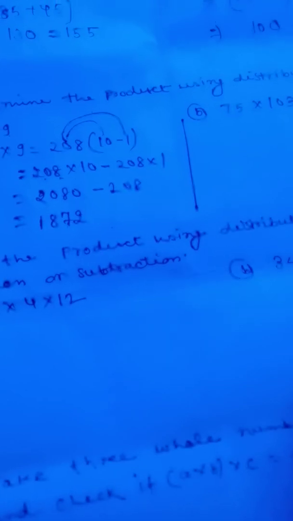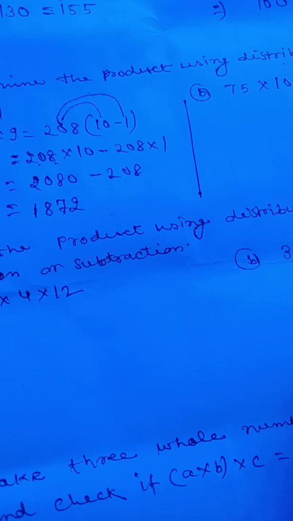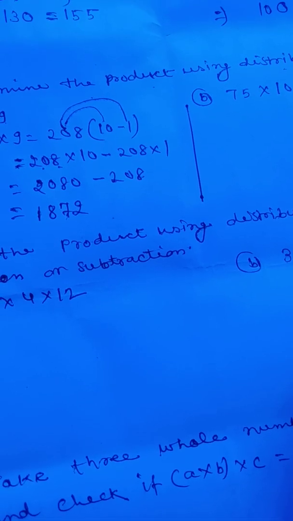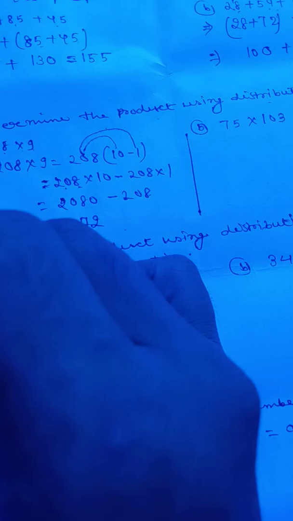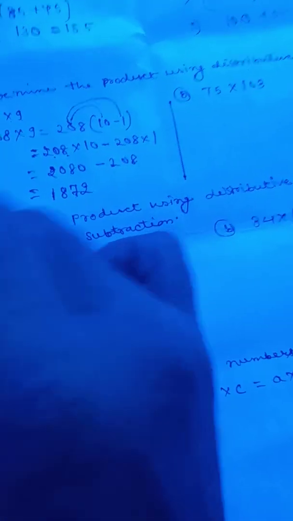Now we subtract 208 from 2080. Now you can also check this one whether the answer is correct or not. You just add this one.